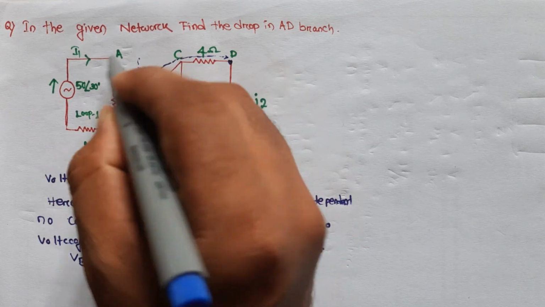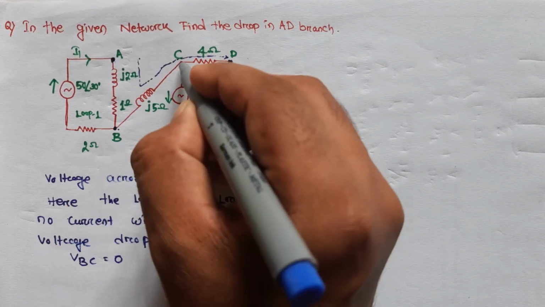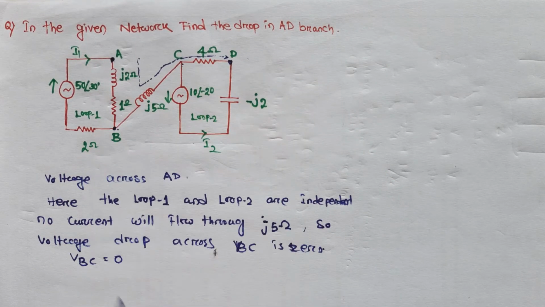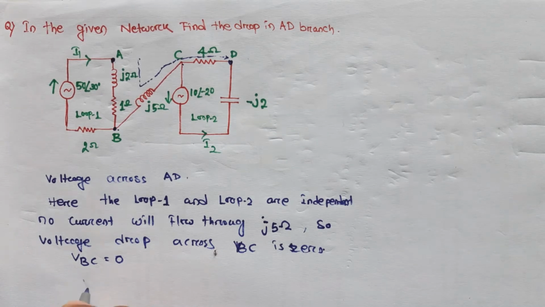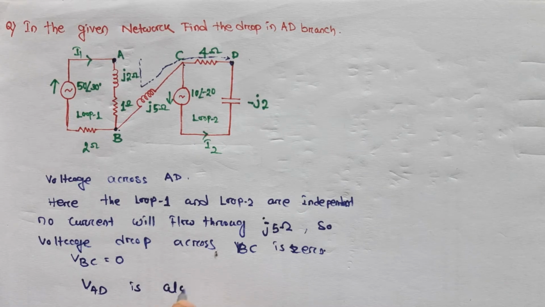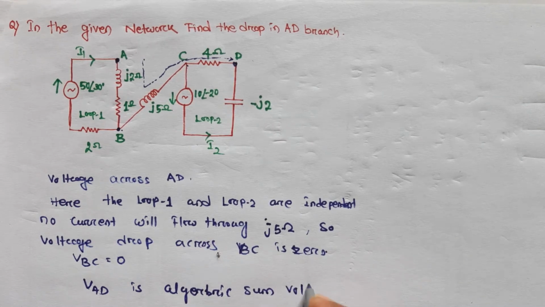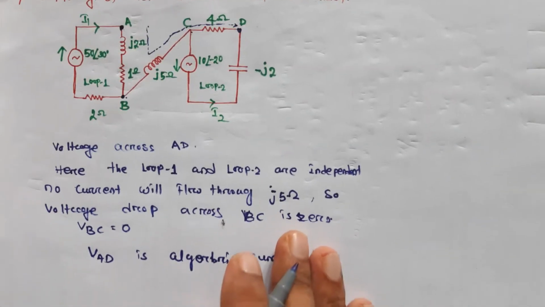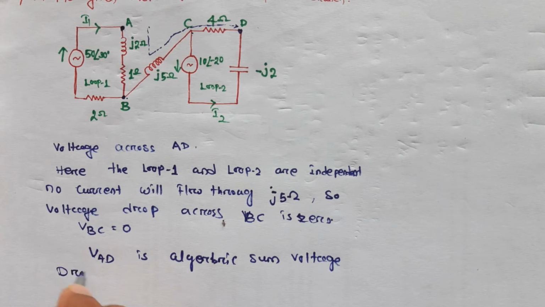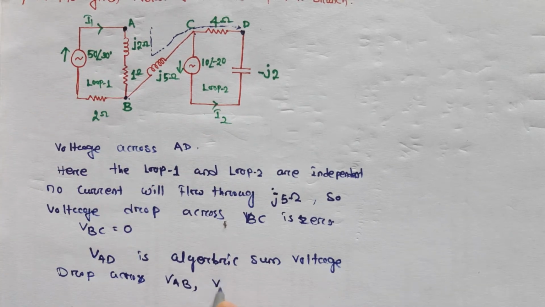If we apply KVL from A to D, VAD is the algebraic sum of the voltage drops across VAB, VBC and VCD.